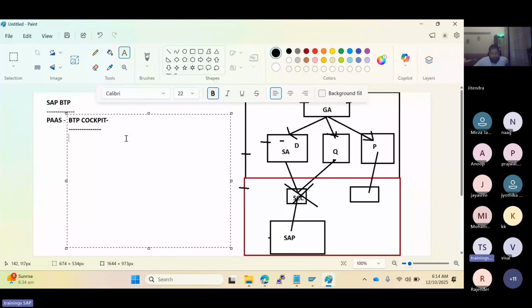So what do you manage here? The global account. So what is meant by global account here? Global account is the top level container provided by SAP when the customer signs up for the contract for BTP.